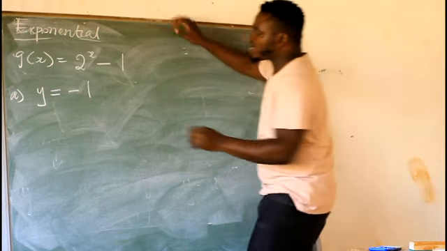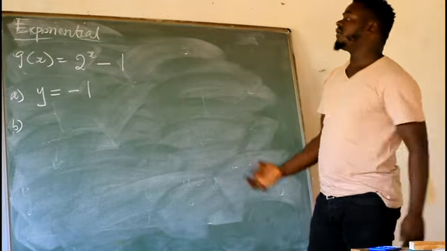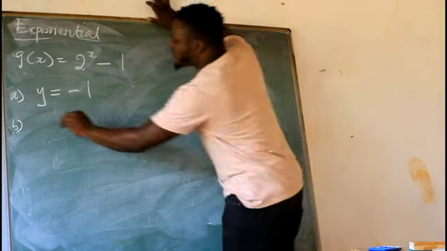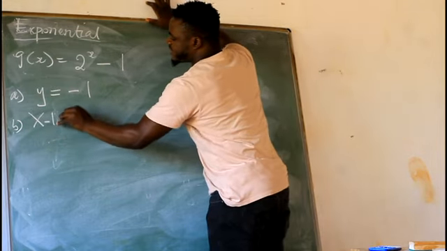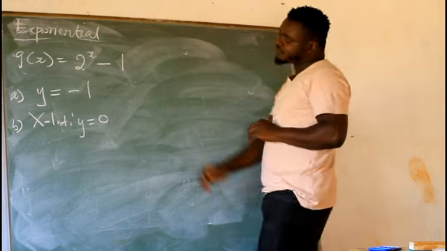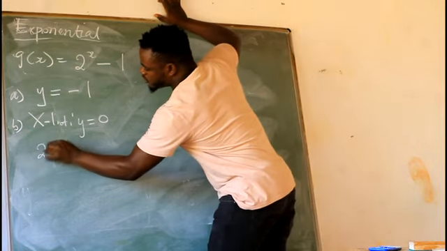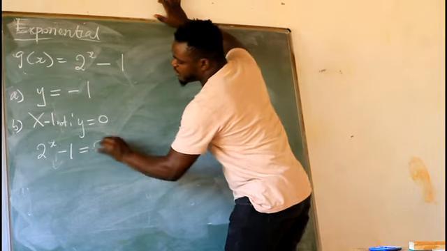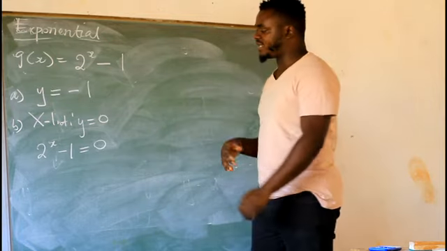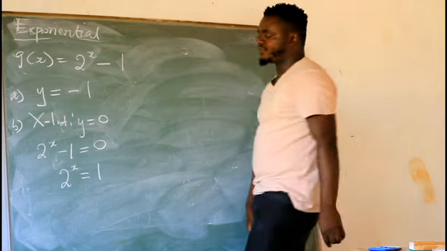Now, number B: let's say you determine the x-intercept and the y-intercept. You must always remember that for the x-intercept, y equals 0. Therefore, 2 to the exponent x minus 1 equals 0. Then we take negative 1 to the other side. It's going to be 2 to the exponent x equals 1.